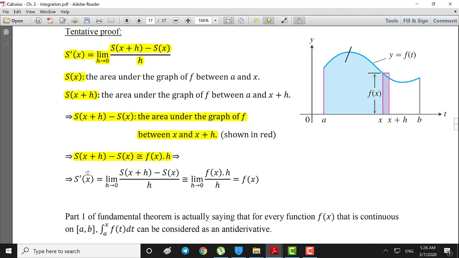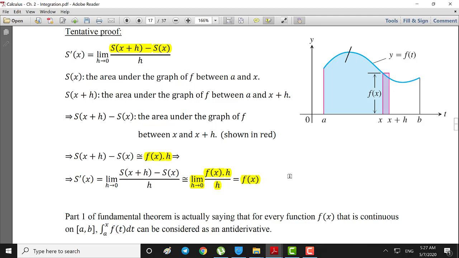So if you replace this with s of x plus h minus s of x into the s prime of x, we're going to have s prime of x equal to the limit of f of x times h over h when h goes to 0, which is f of x.